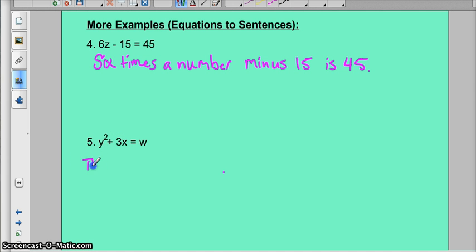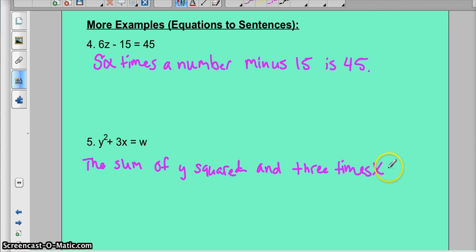So I'm going to say the sum of y squared and 3 times x is the same as w. Okay, the sum of y squared and 3 times x is the same as w.